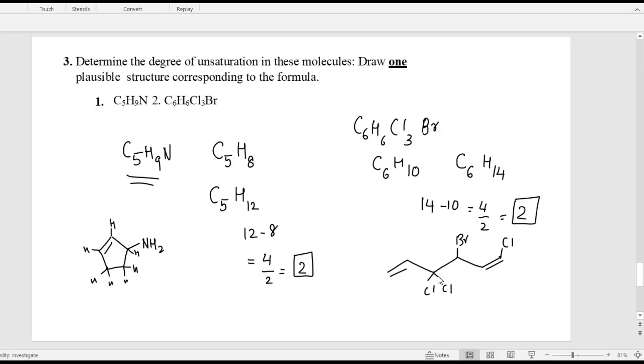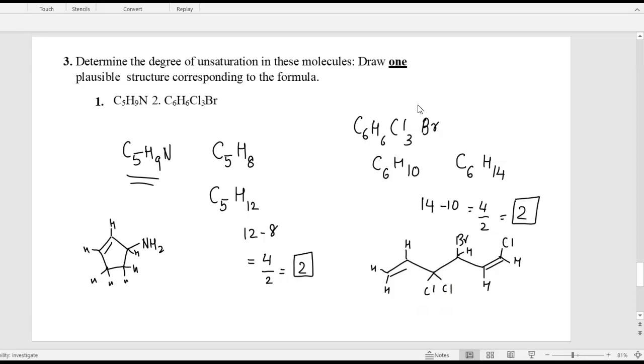You can draw all these structures which are possible, but you should have 2 degrees of unsaturation. So we have 2 double bonds, which correspond to 2 degrees of unsaturation. Let's make sure we have the right number of hydrogen atoms: 1, 2, 3, and then 4, 5, and 6. So this could be one of the structures possible with this formula.